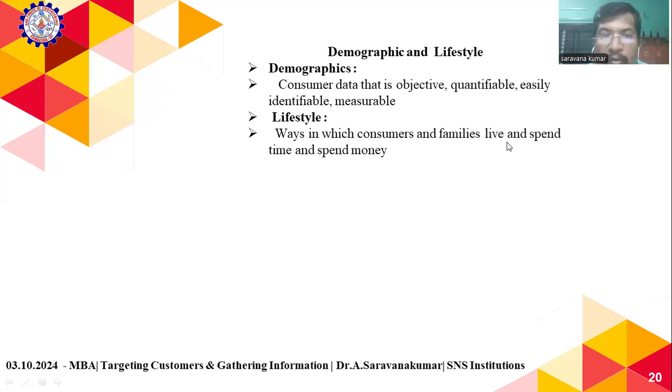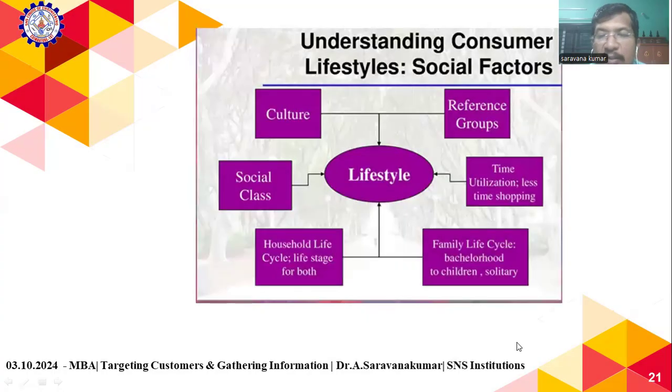Okay, so understanding consumer lifestyle: social factors. In the social factors: culture, reference group, time utilization, less time shopping, family life cycle, bachelorhood to children and solitary, household life cycle, life stage for both, social class.